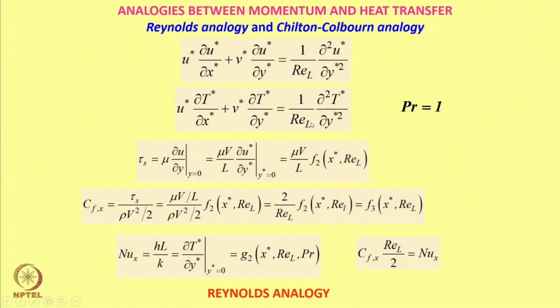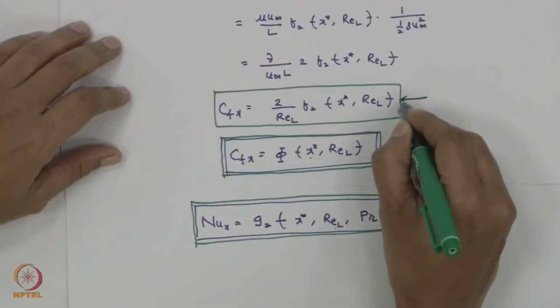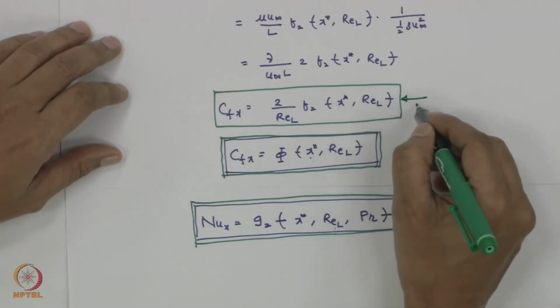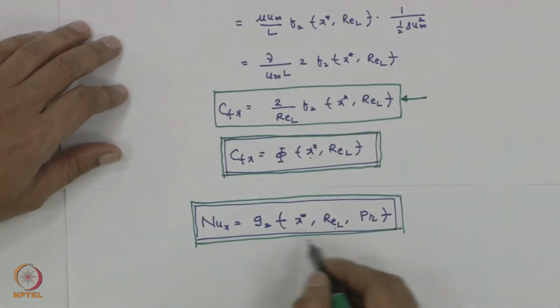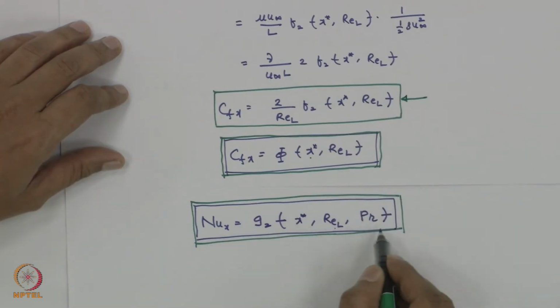Actually, I had Prandtl number. So, if I put Prandtl number equal to 1, these two equations are similar. Then I have Cfx equal to 2 by ReL f2 of x star, ReL. So, Nu x equal to g2 of x star, ReL, Pr.